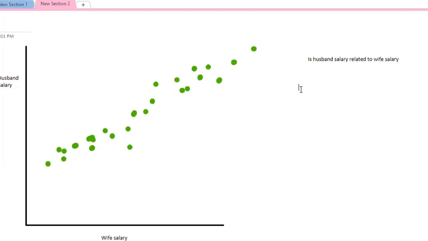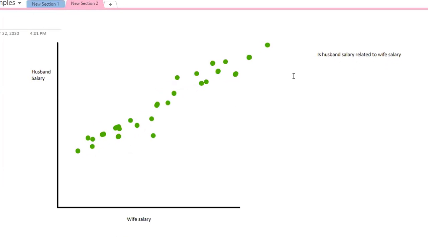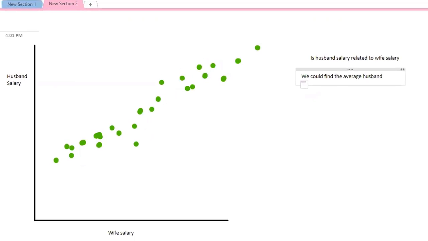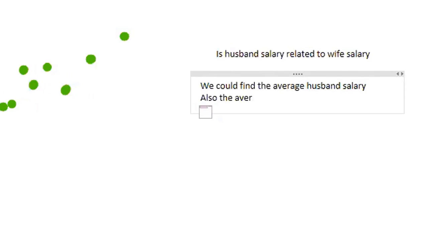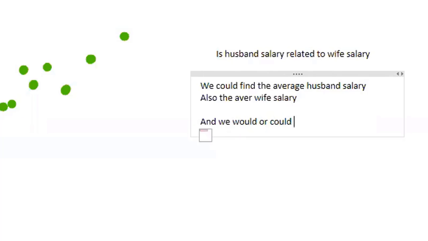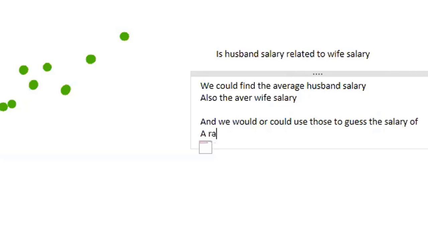So what we mean by that is, first of all, we could find the average first. Let's say we could find the average husband salary. We could also find the average wife salary. And we could use those to guess the salary of a randomly selected person.